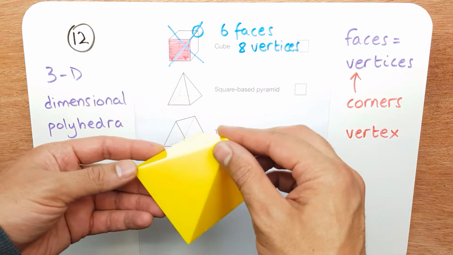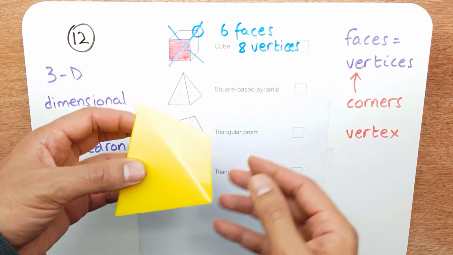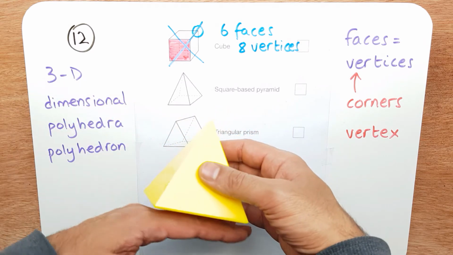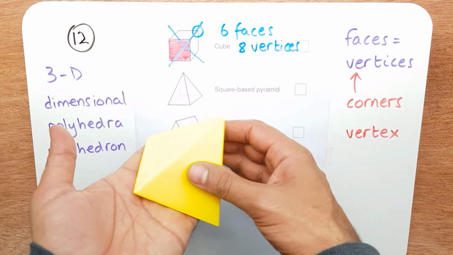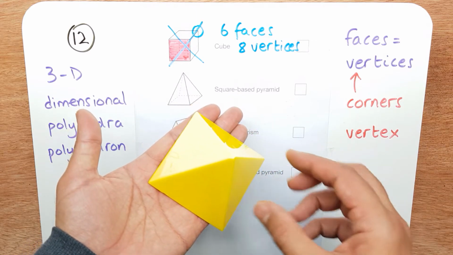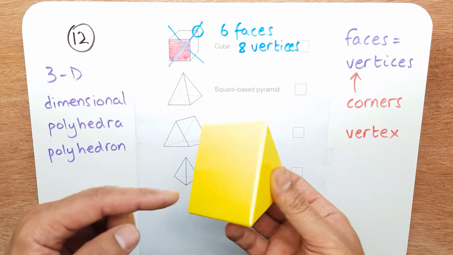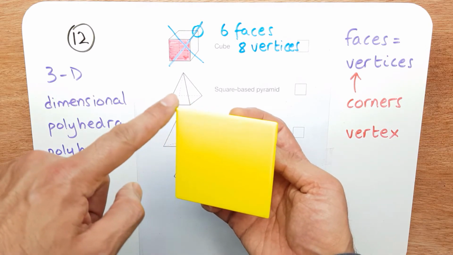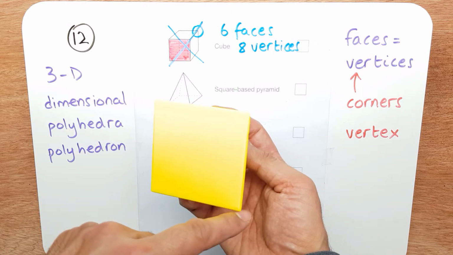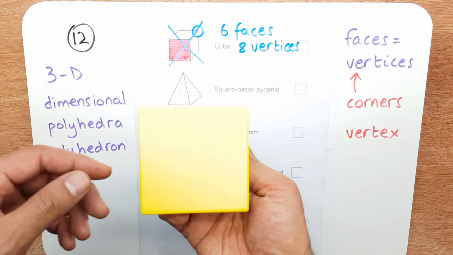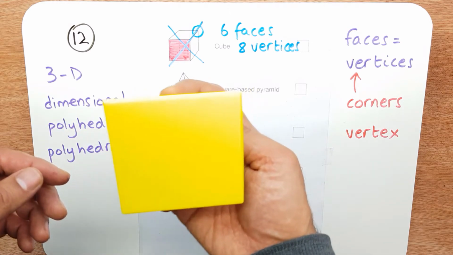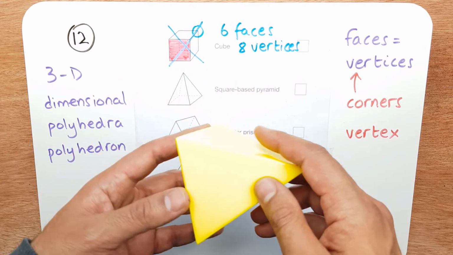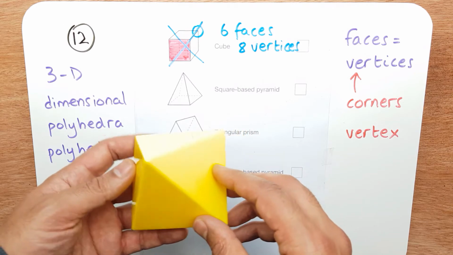Now here we have a square-based pyramid. So the pyramid sits like this. So the pyramid will sit on your hand like this. And the base here, if you can see, it's a square there. Let's turn it that way so we can see it. So now we need to find out how many faces there are.